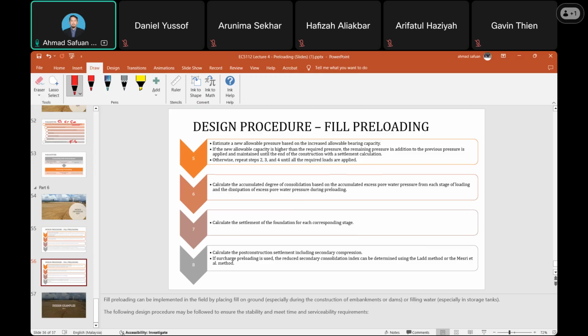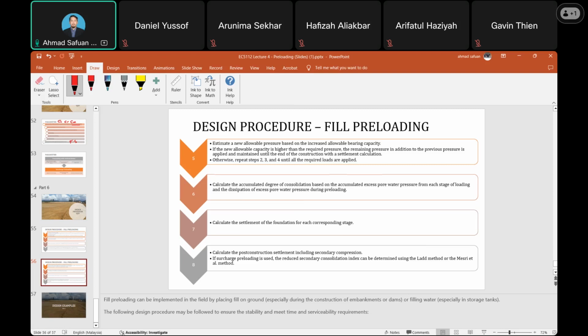For example, if we construct an embankment, then we need to measure the load and the settlement that occur after it has been open to the public, for 5 years, for example.